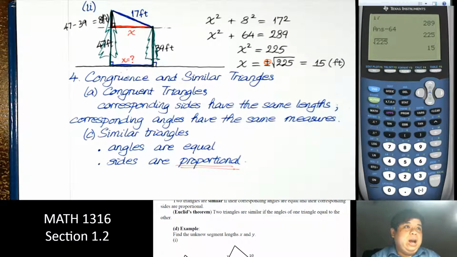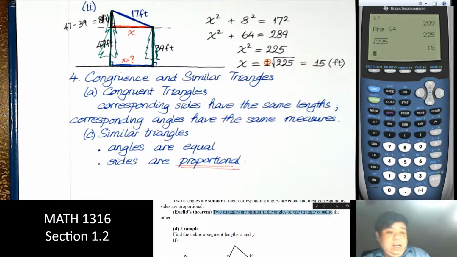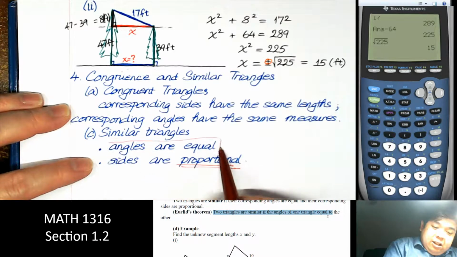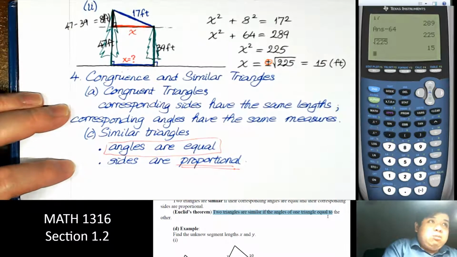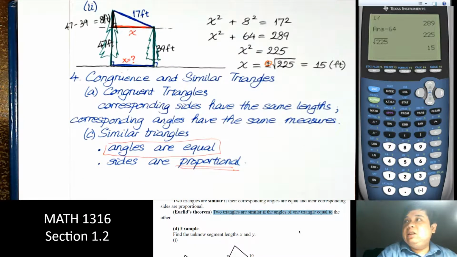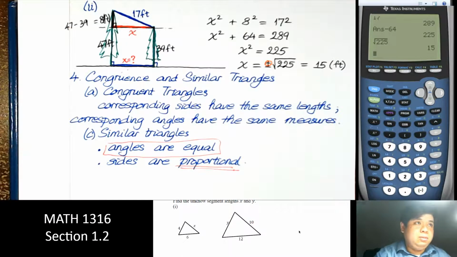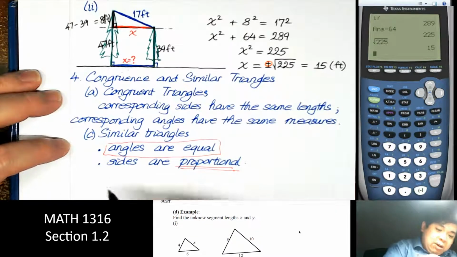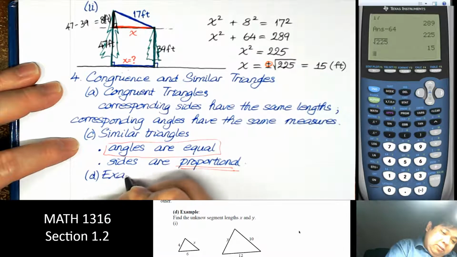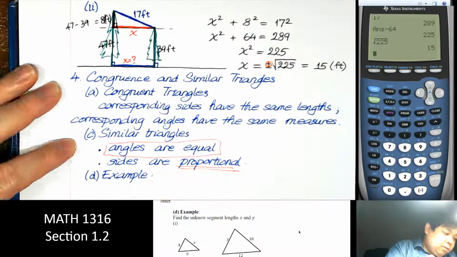And then we have the theorem: two triangles are similar if the angles are equal. So pretty much, by Euclid's theorem, the triangles are similar. And I think we just need one example here.